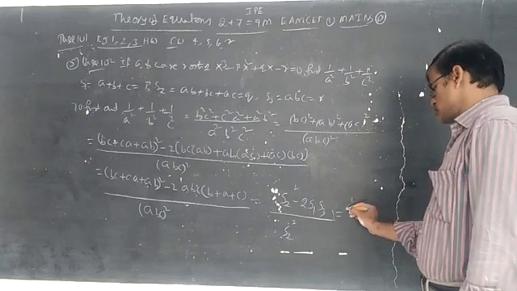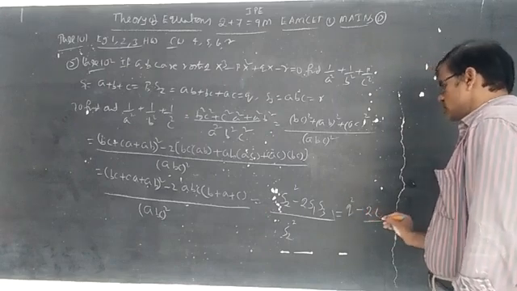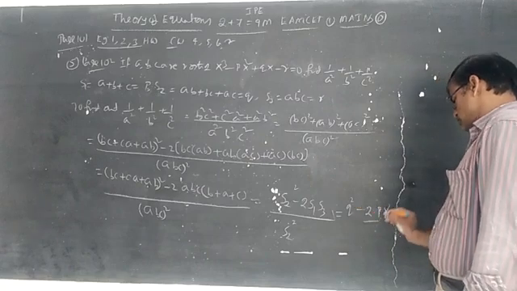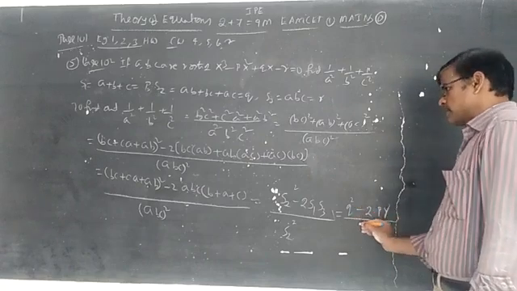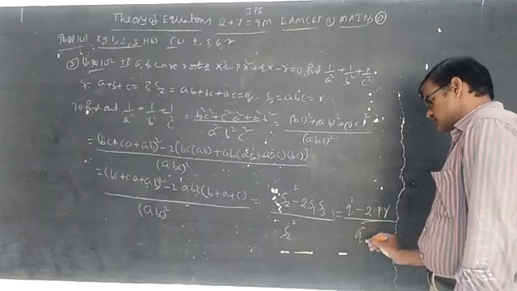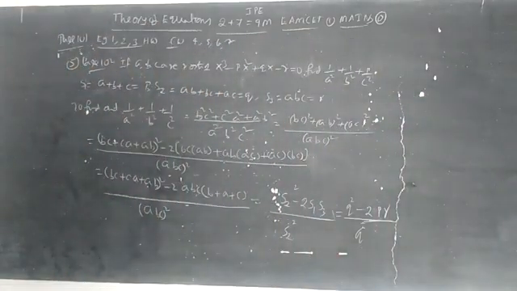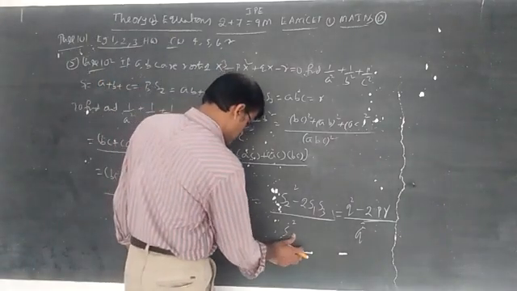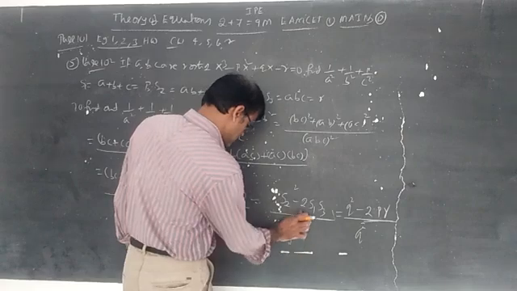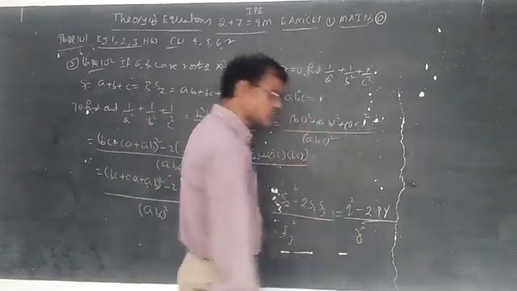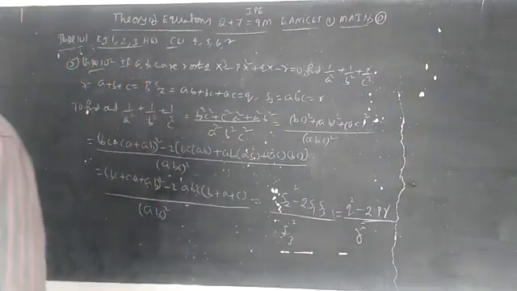S2 means here Q square minus 2 into S1 means P into S3 means R, whole by S2 square means Q square. Q square minus 2PR by ABC whole square. Not ABC is not S2 square, it is S3. So R square. Q square minus 2PR by R square.